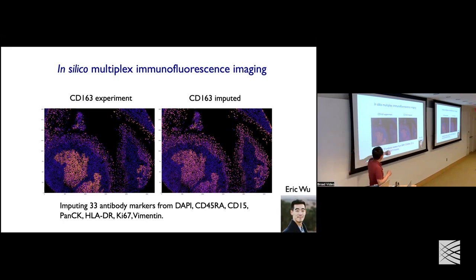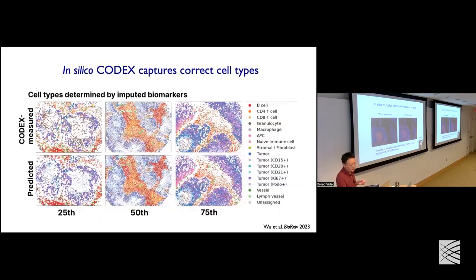Here is an example where you actually measure CD1, CD3 experimentally, and also what we generate computationally. We show that if you do the actual CODEX experiment, versus if you take the synthetic CODEX data we computationally generate with these models, you get very similar cell type identifications and very similar microenvironments.